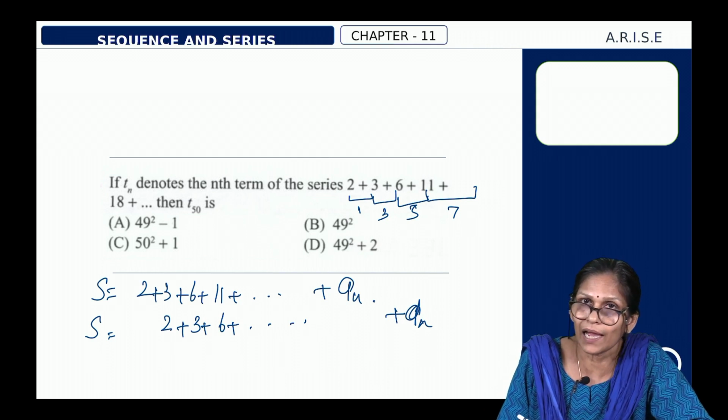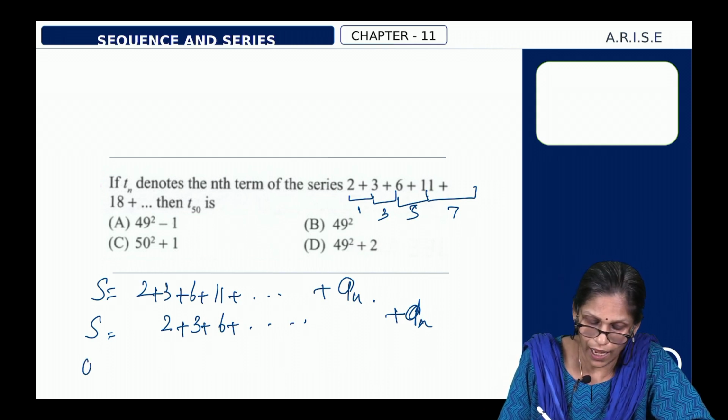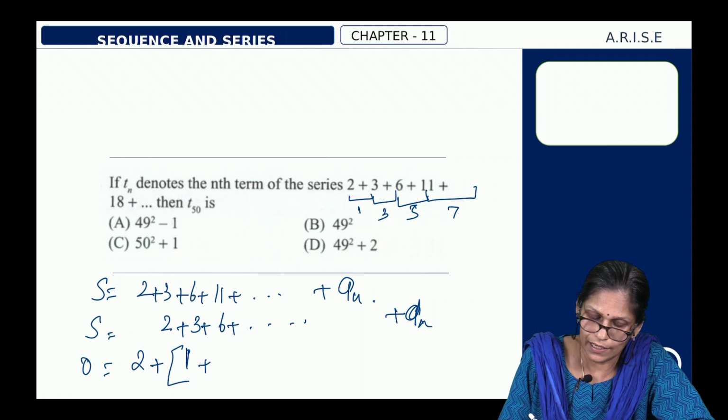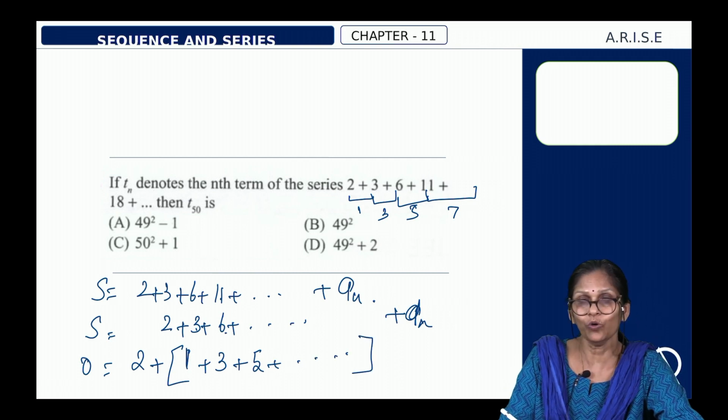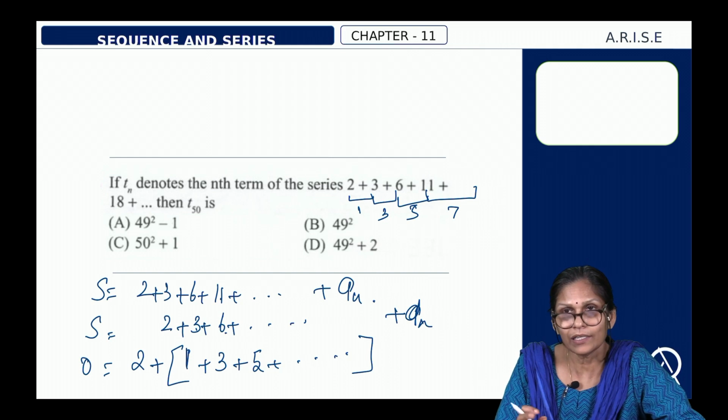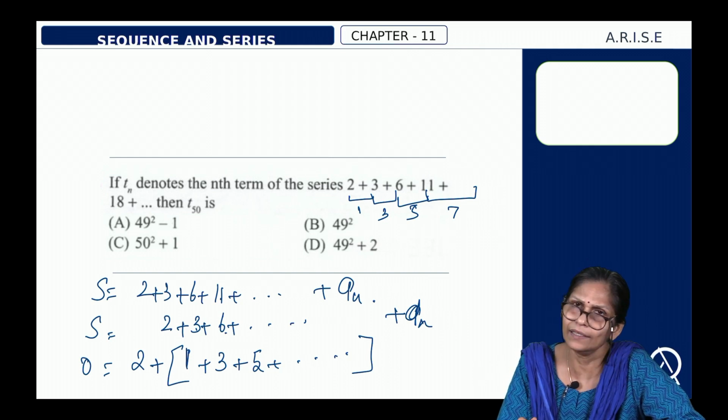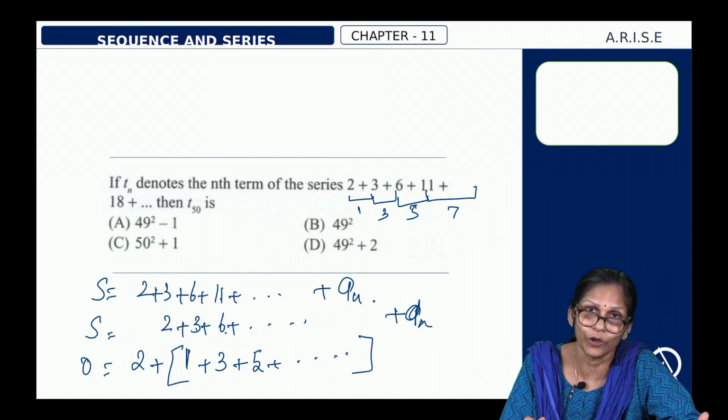Now, if I subtract both these equations, don't I have 0 is 2 plus 3 minus 2, which is 1, 6 minus 3 is 3, 11 minus 6 is 5, and so on.